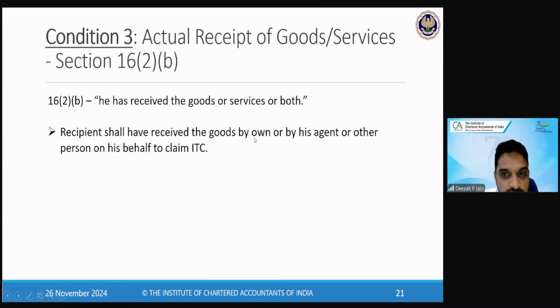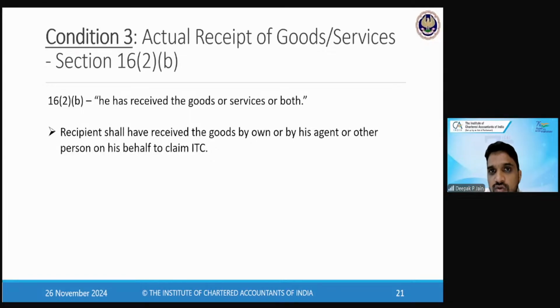Recipient shall have received the goods by own or by his agent. That is also permitted. There is a proviso which says that the constructive receipt is also permitted. If you are getting any order from Amazon, you're not at home, and somebody else is taking it from home, is it treated as not delivered or is it treated as delivered? Still treated as delivered, correct?